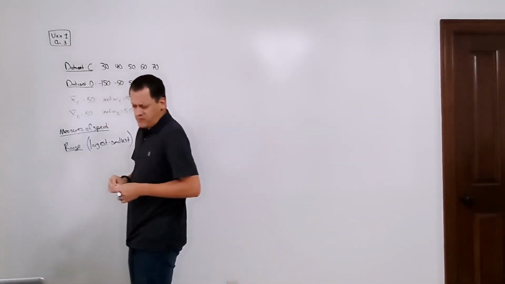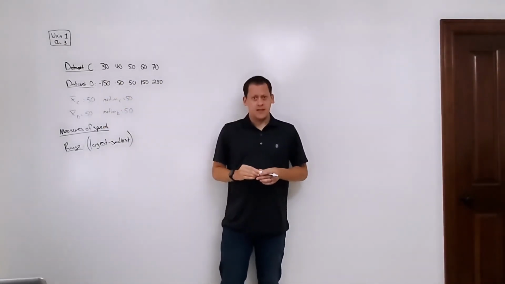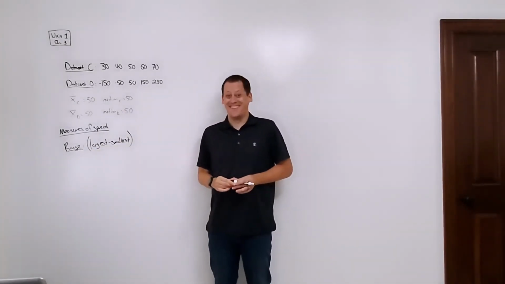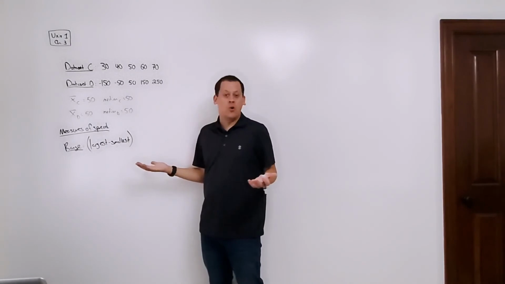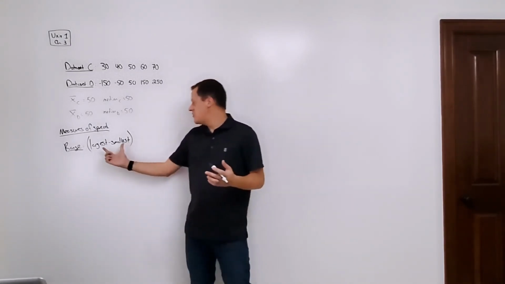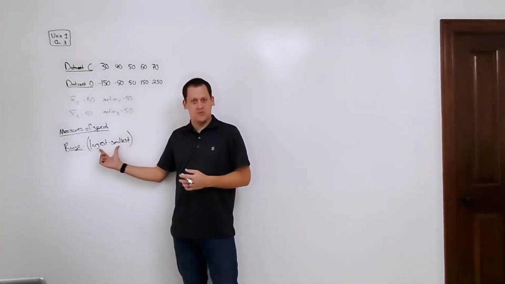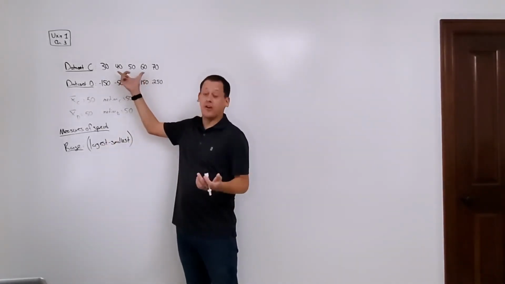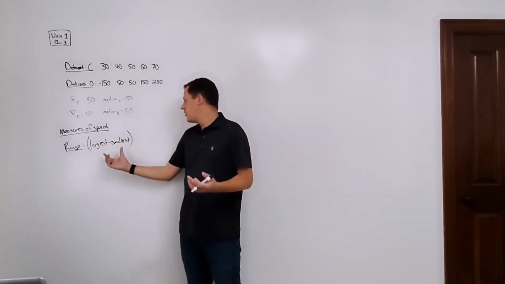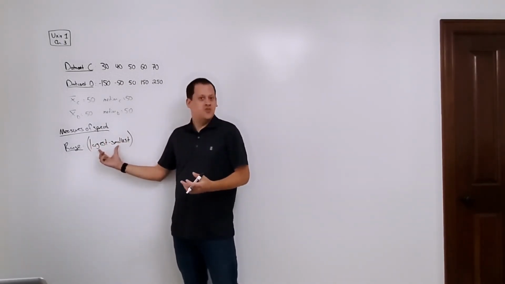So I actually put in my notes here, in terms of measures of spread, the range is kind of poor because it doesn't really say a whole lot. It's kind of like the median in that it only uses two values of the entire data set, which when there are 5 isn't that bad. But think of a data set that has 100 values. You're only using 2 of them.